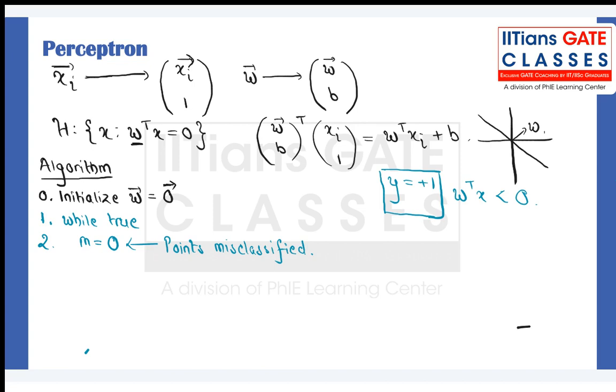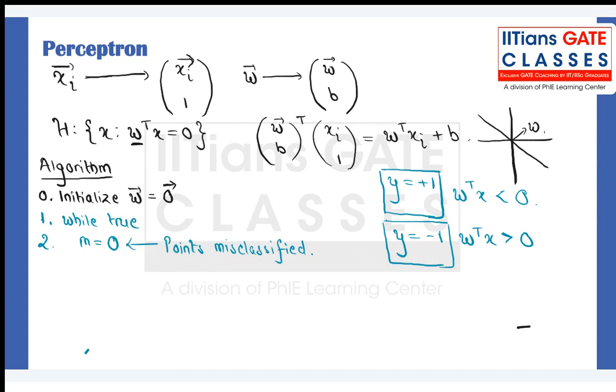This is a misclassification. On the other hand, if your true value y is -1, and your W transpose X gives a value greater than 0, that is also a misclassification, because your true output is negative, but your model is trying to predict positive. So that is nothing but a misclassified point.